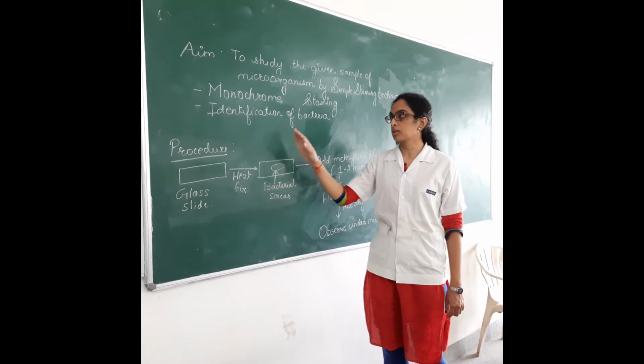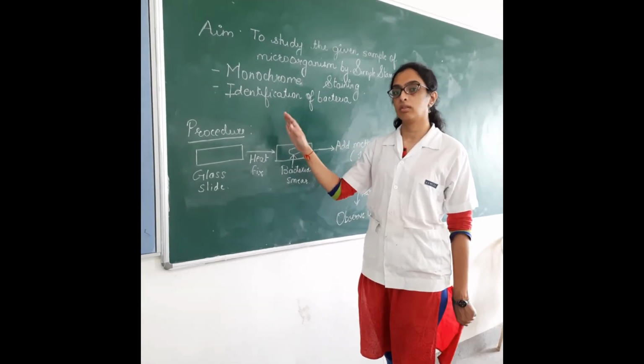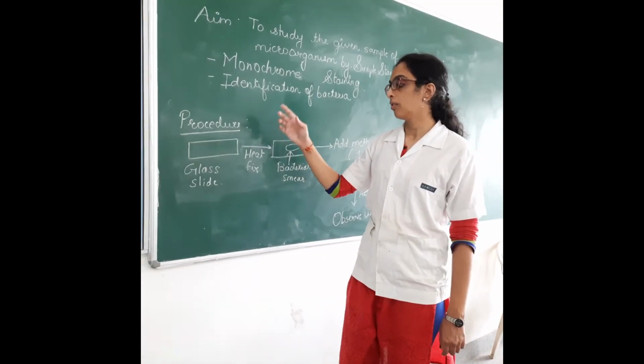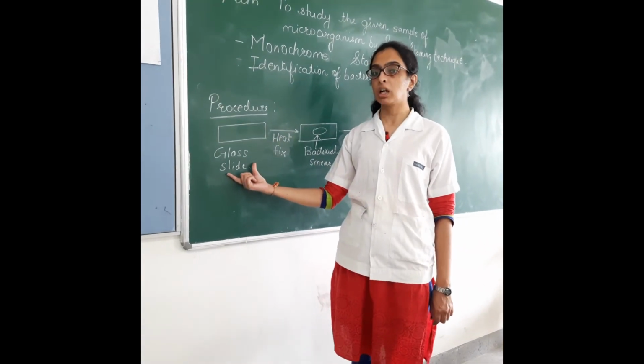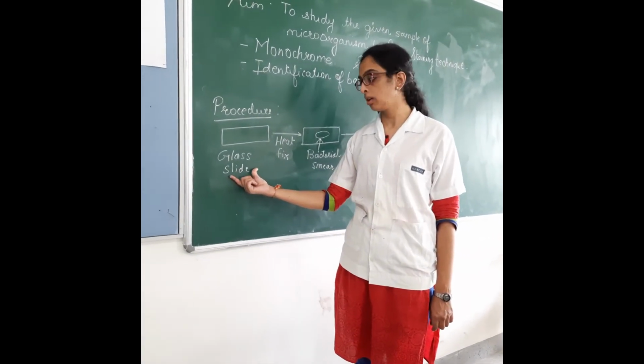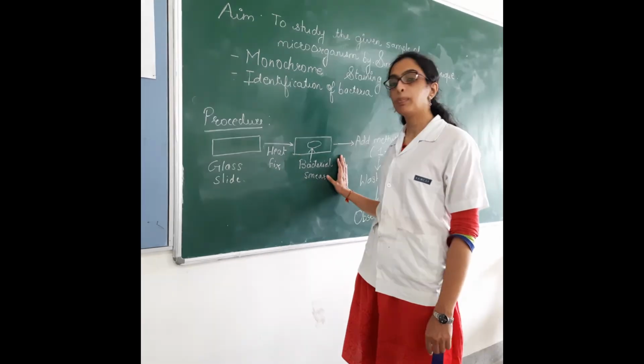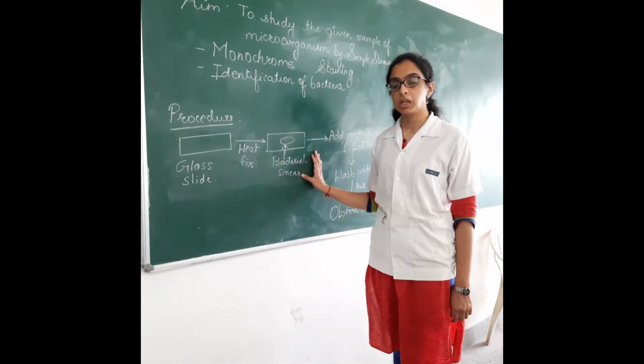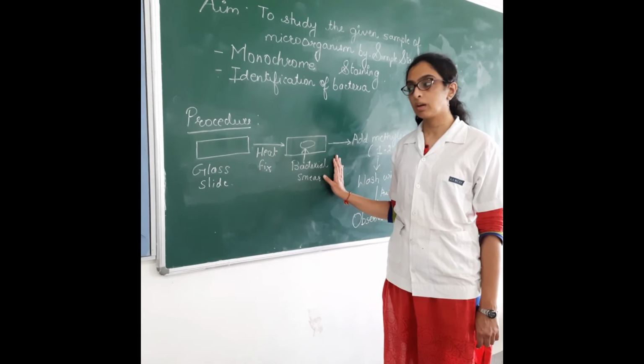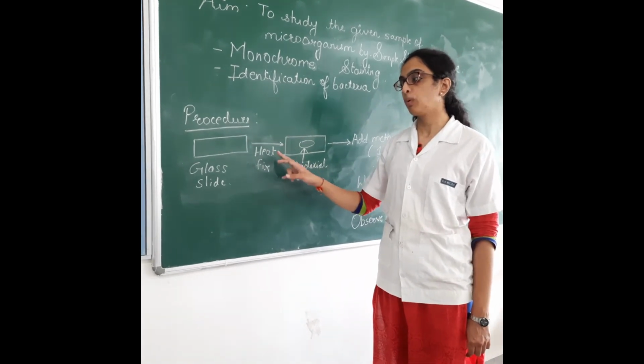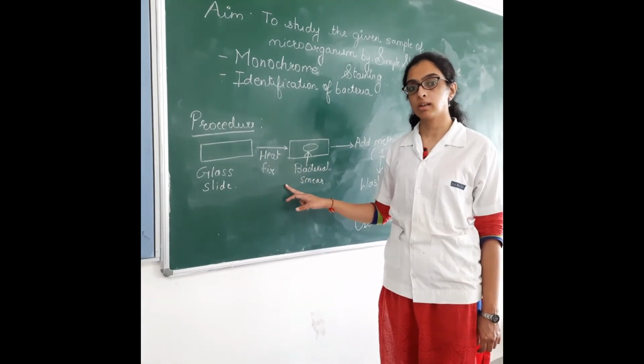So the procedure for this technique is, first of all you have to take a clean glass slide, then prepare the bacterial smear using a nichrome wire loop with the help of heat fixation technique.